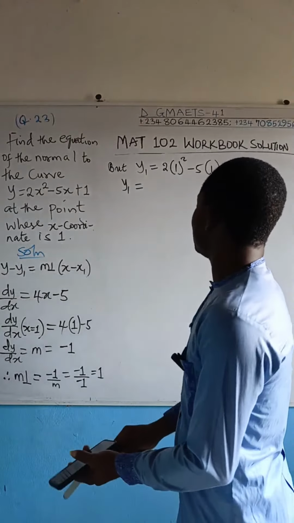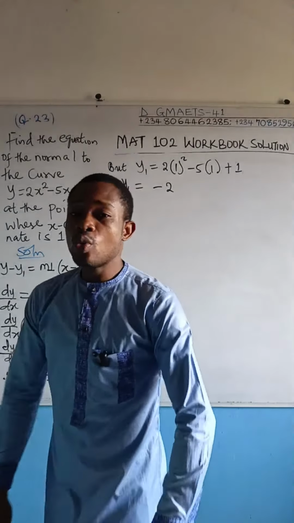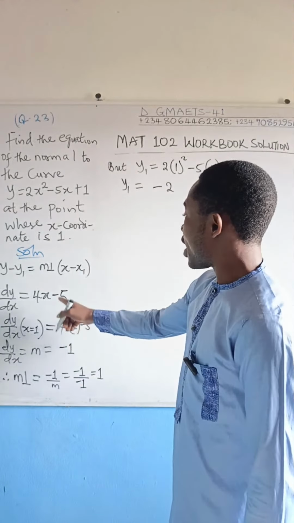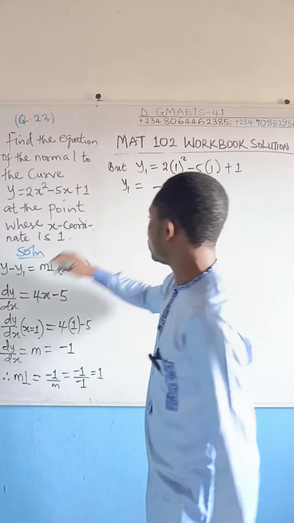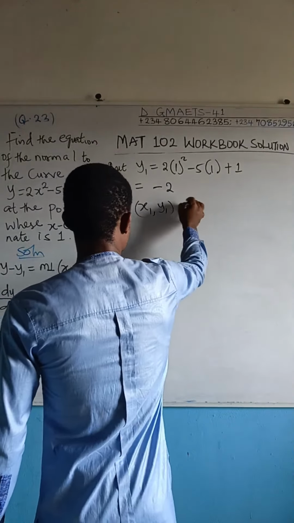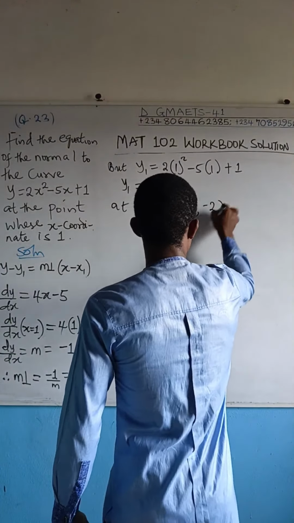Minus 3 plus 1 will give you minus 2. Good. So we know our x1 and our y1, so we can substitute into this equation. So now write x1, y1, which is equal to 1, minus 2.